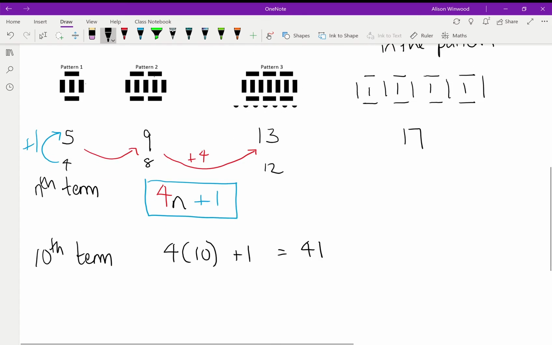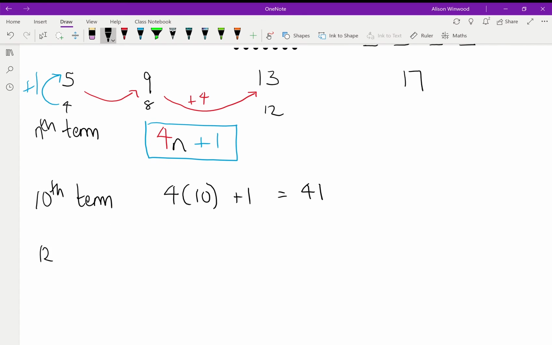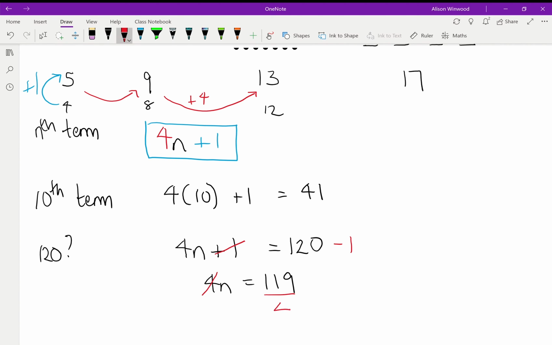And then the last step is: is 120 in our pattern? So can 4n plus 1 equal 120? So opposite of add 1 is subtract 1. Opposite of multiply by 4 is to divide by 4.